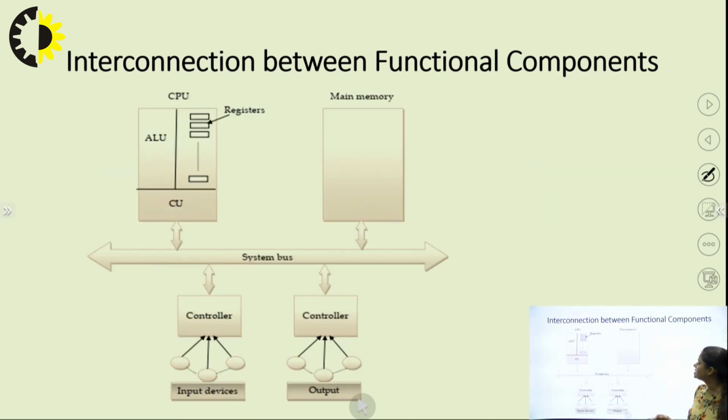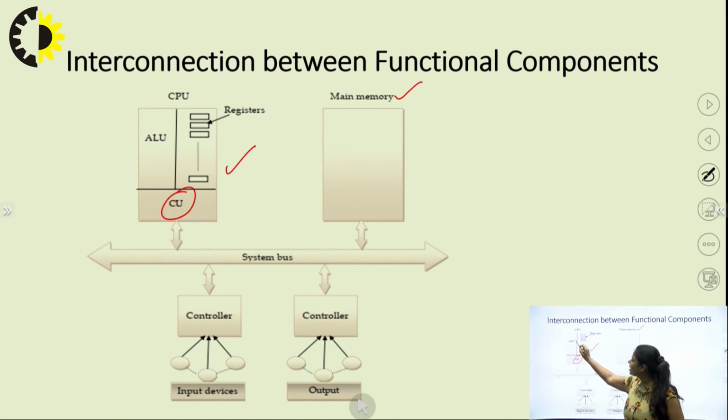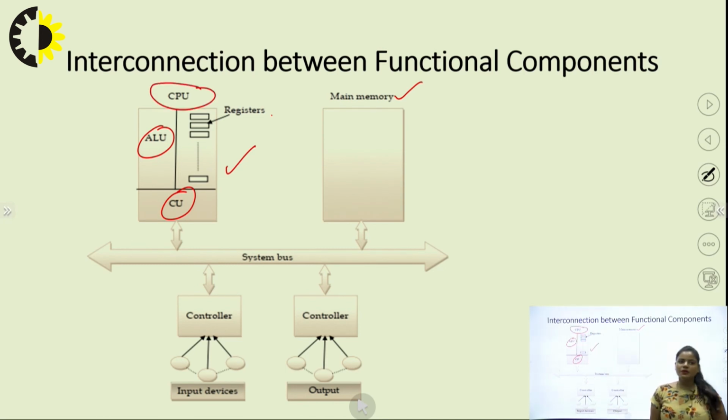So here you can see in this diagram, this is our main memory, and this is our processor part, which is the combination of CU and ALU. It also contains some registers, and here it is named the CPU. These registers are used for calculation, and they are connected with the system bus. What is the system bus?